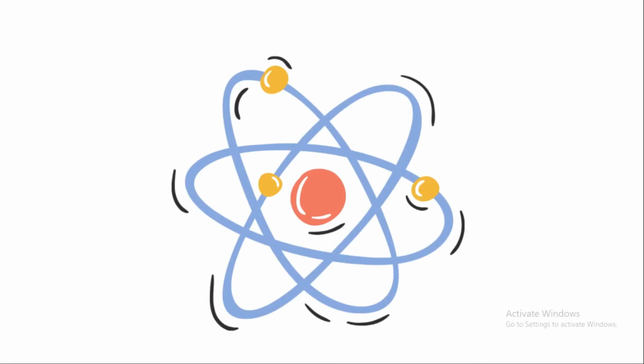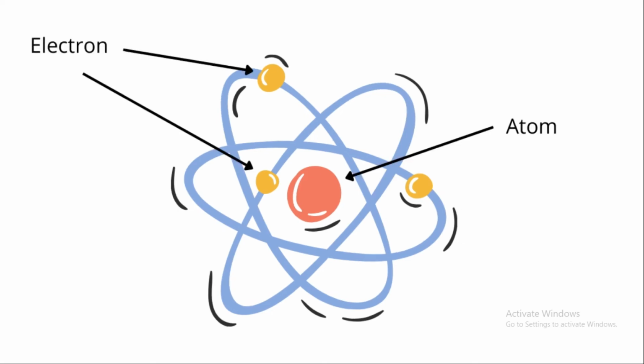So here is the diagrammatic representation of an atom. The central red part that we get to see in this diagram is nothing but the nucleus of an atom, and the yellow portion is our electron, and the blue line shows the orbit in which the electron revolves around the nucleus. A similar structure we get to see in the solar system as well, where the planets revolve around the sun.